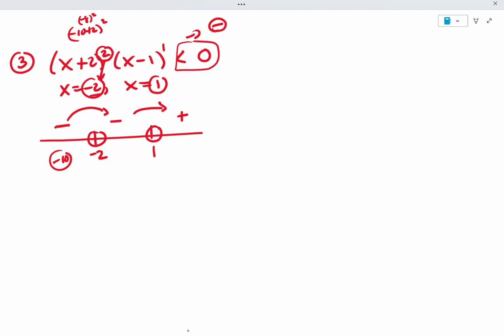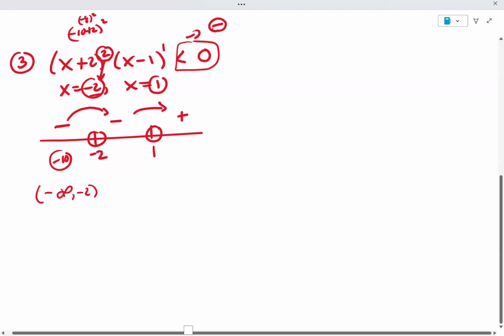So what are my answers here? -infinity to -2 in union with -2 to 1. You cannot put -infinity to 1, because at -2 the function is 0, and 0 is not less than 0. So it has to be broken up there.